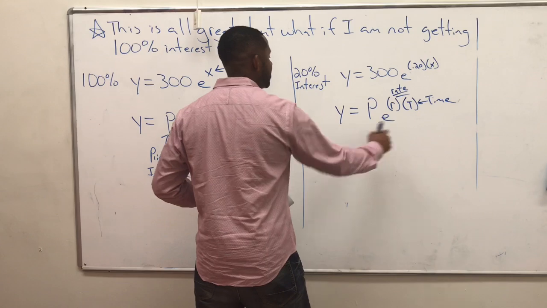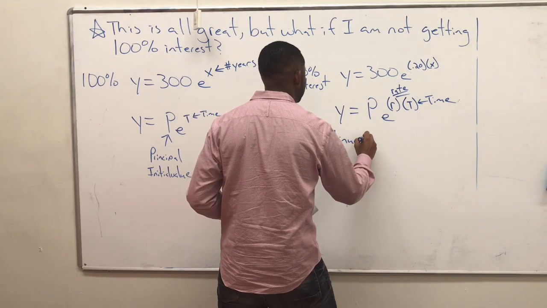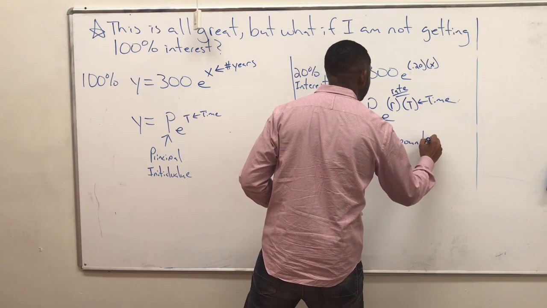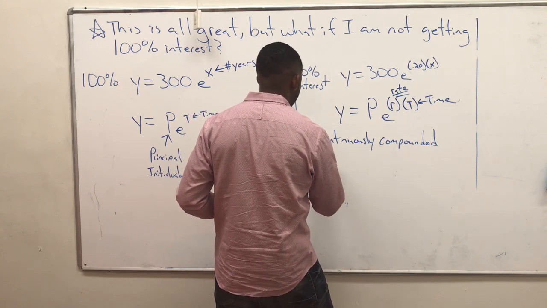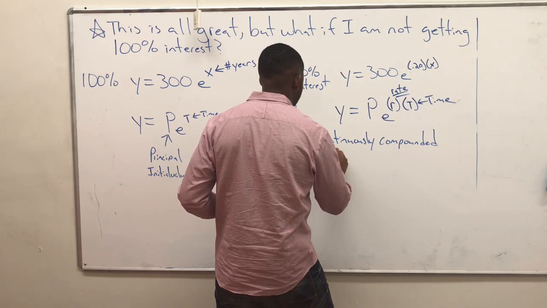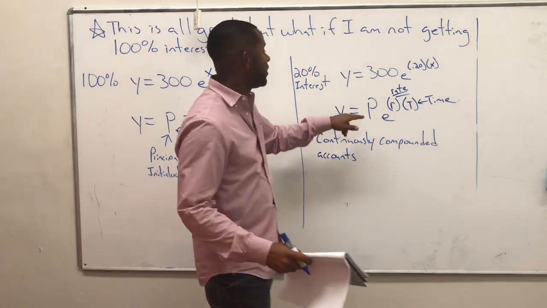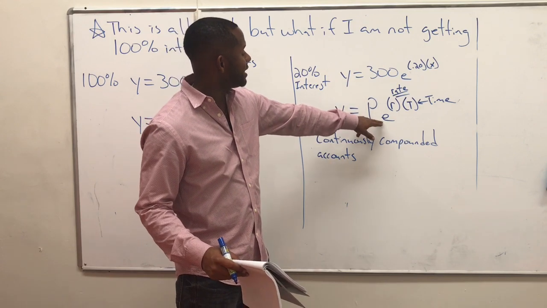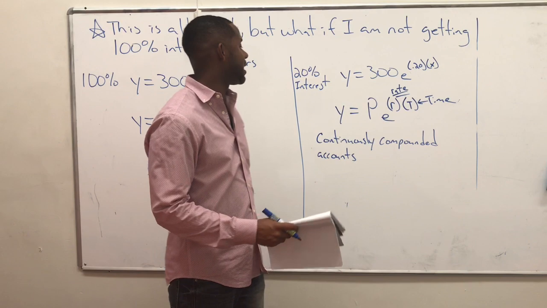This is the equation for continuously compounded accounts, right? You get any account that has a continuously compounded rate, this is what you use. How much did you start with? Times E to the power of whatever the rate is that they're giving you times the time.